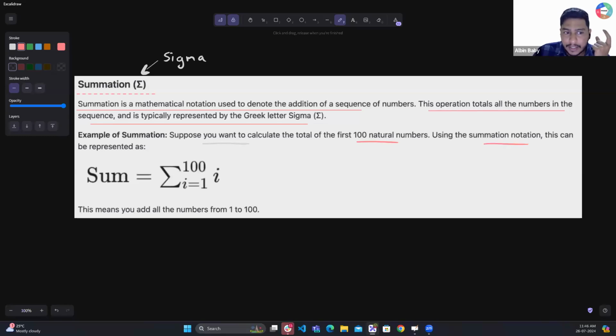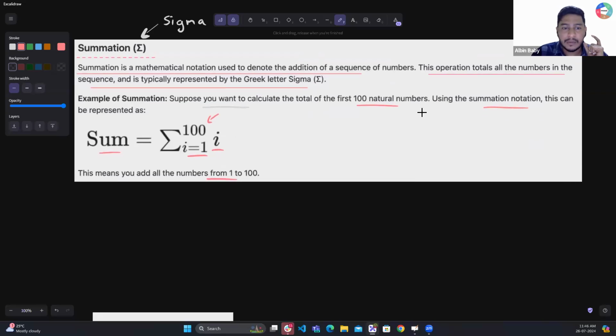This can be represented as sum equals summation of i equals 1 to 100 of i. What does that mean? I'll explain how we represent it, how we can expand it, how we can write the sequence. I'll go through it. So summation of i equals 1 to 100 of i. This means you add all the numbers from 1 to 100.